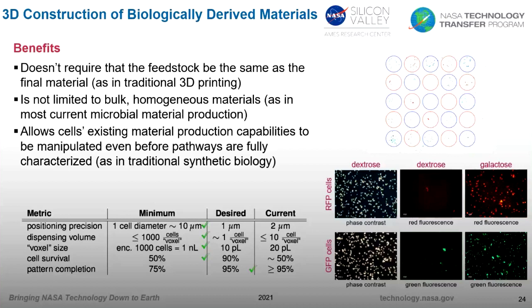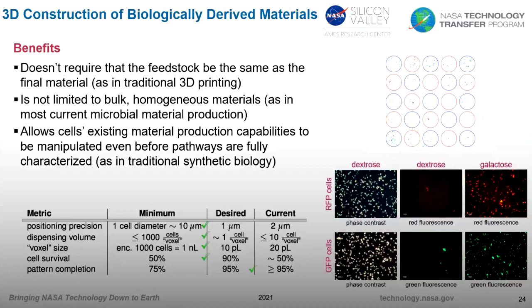We have pretty good coverage in terms of getting material deposited, and this is the upper right figure, in a test 25 grid array where we were trying to alternate between cells making green tagged and cells making red tagged protein. We had detectable material production in 24 out of 25 voxels, which is pretty decent.